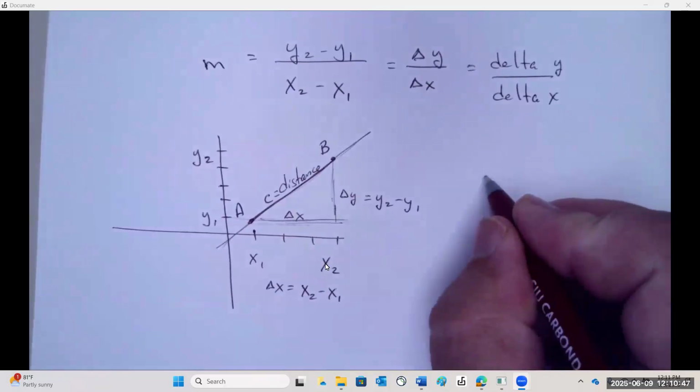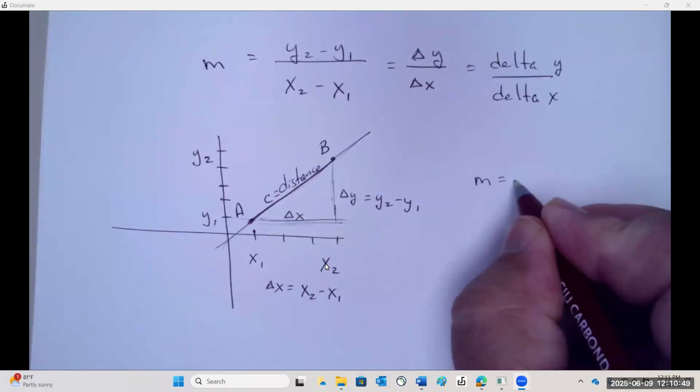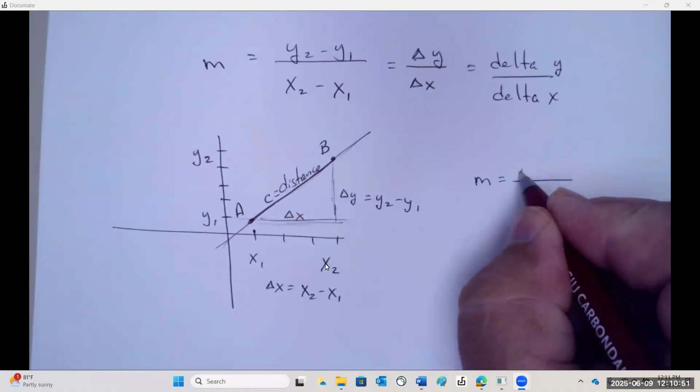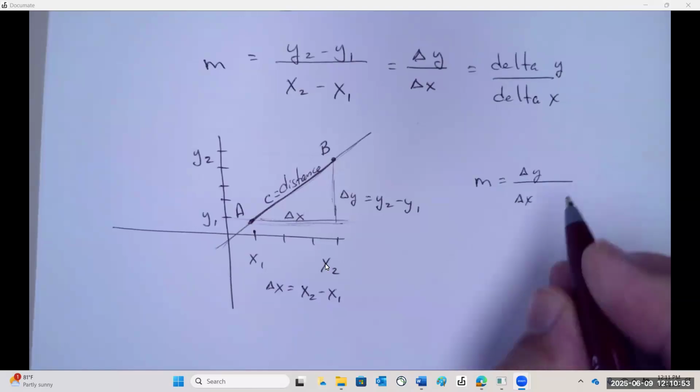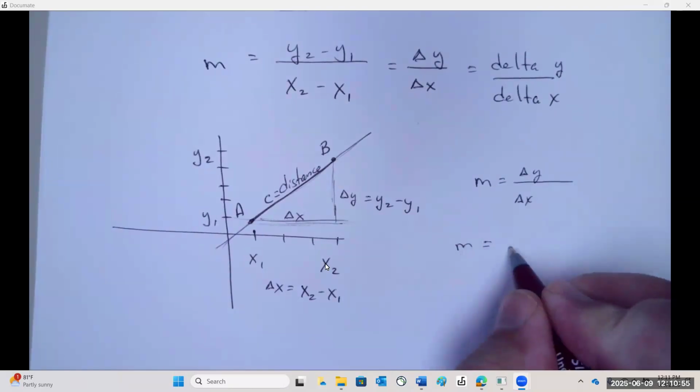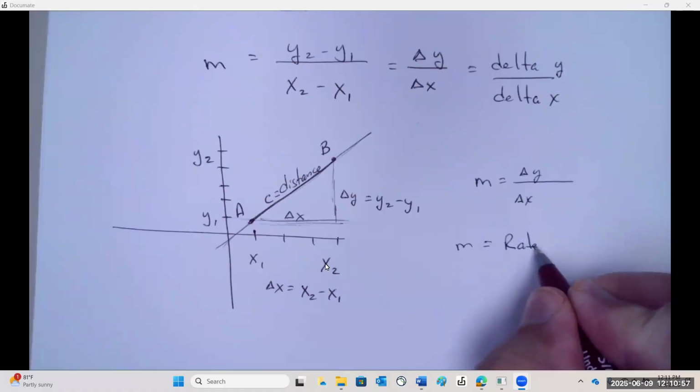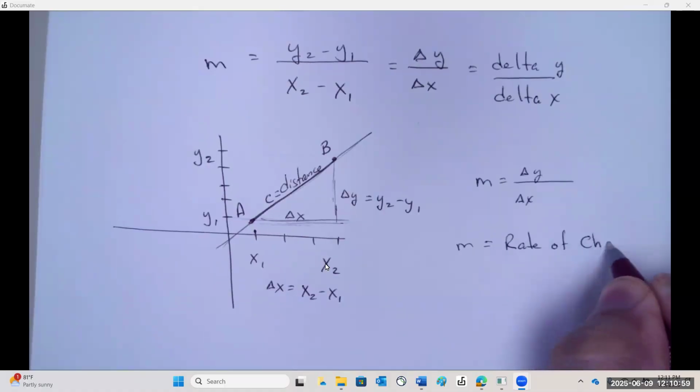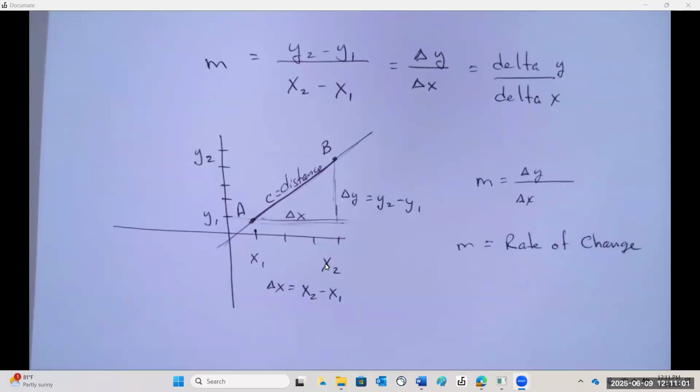And this is what we call the slope. So we have delta y over delta x, which is what we look at as called the rate of change. Why is it a rate of change?